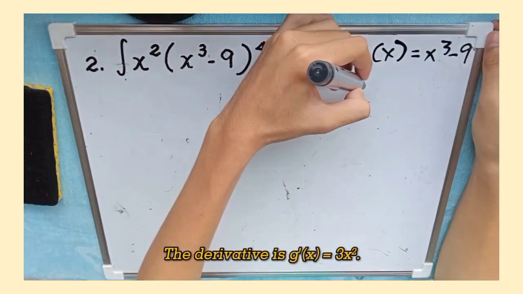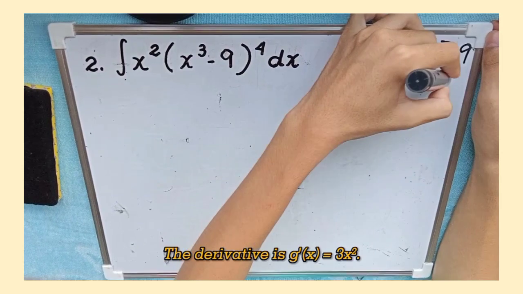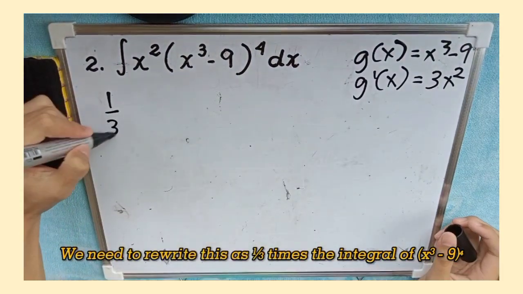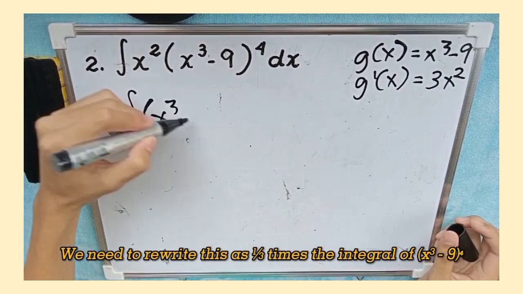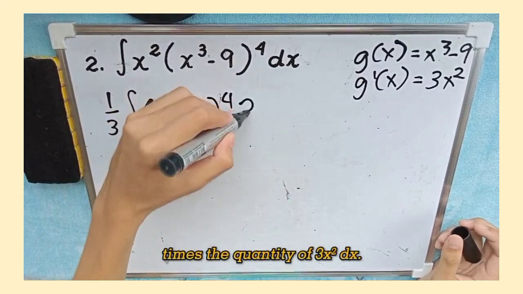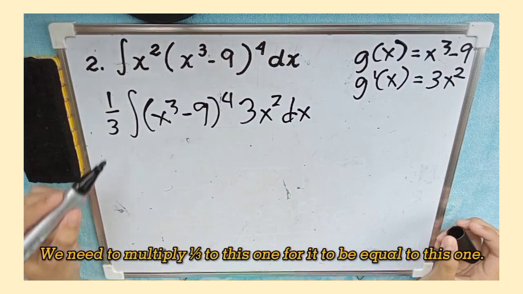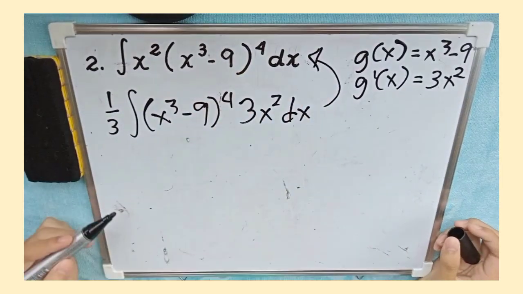The derivative is g prime of x is equal to 3x squared. We need to rewrite this as 1/3 times the integral of x cubed minus 9 raised to the 4th power times the quantity of 3x squared dx. We need to multiply 1/3 to this one for it to be equal to this one.